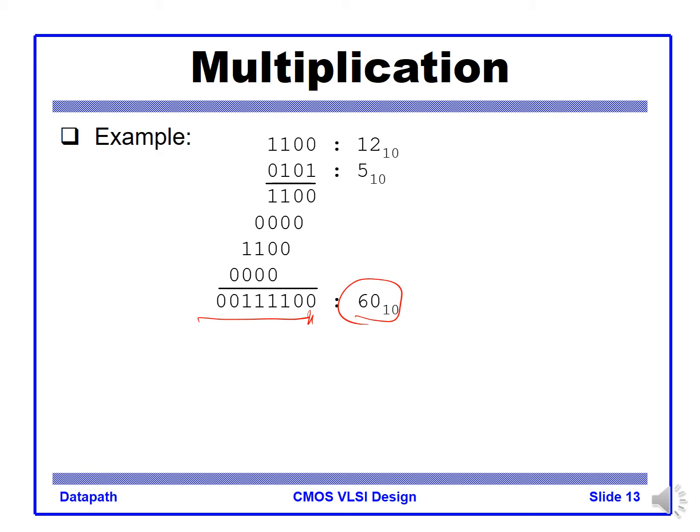So multiplication can be easily done by generating partial products, and second, adding them up, right? This is a 2-step process to calculate the multiplication.